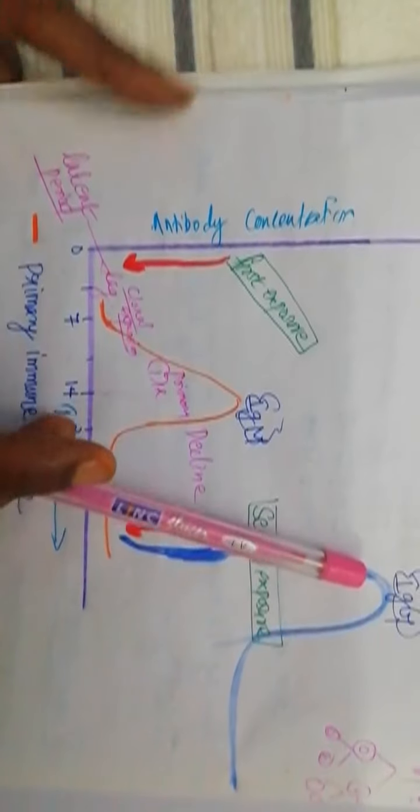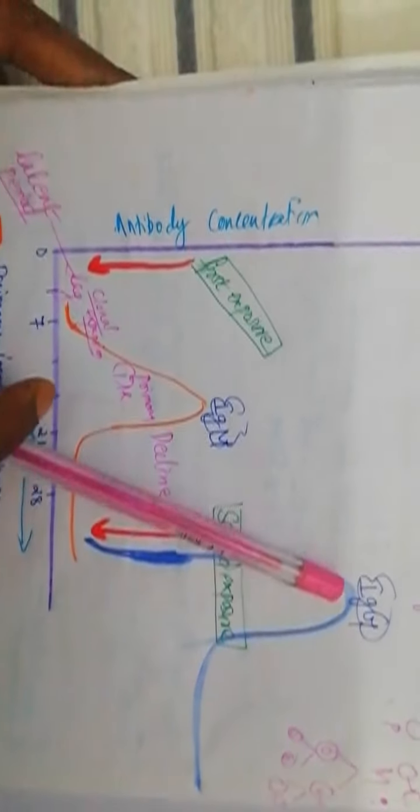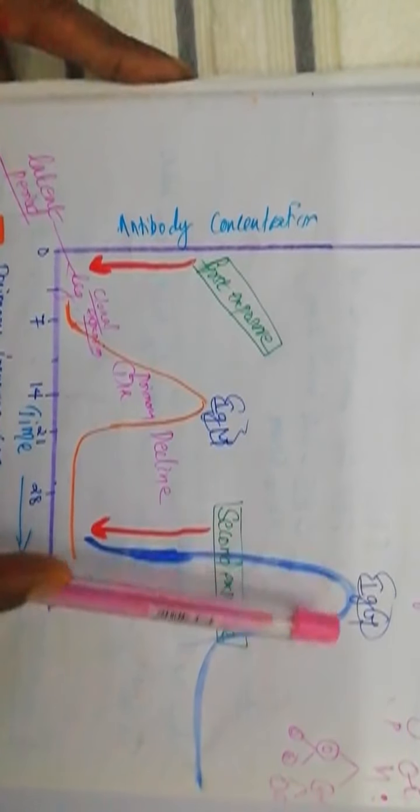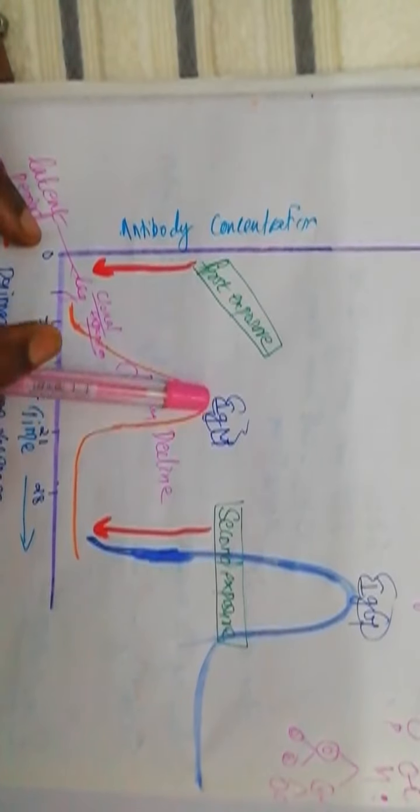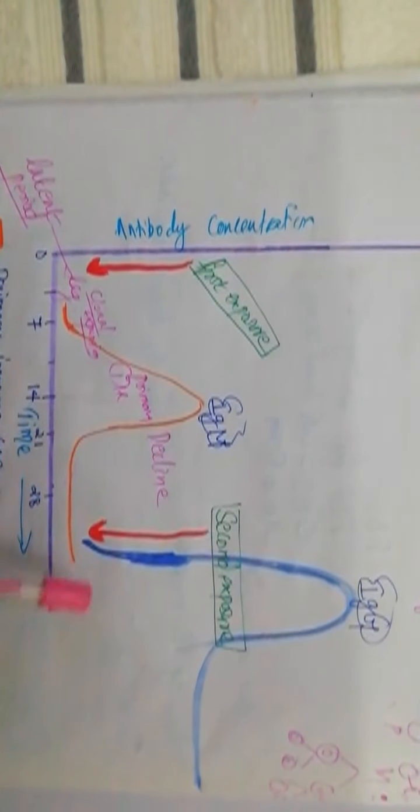During the second exposure, the antibody which is produced is immunoglobulin G, and other antibodies can also be produced, but the most commonly seen is immunoglobulin G. That is why when you go for a blood test, you can identify by looking at the antibody whether it is IgM or IgG. In the lab, the doctors can say whether your body got exposed to the antigen for the first time or second time.